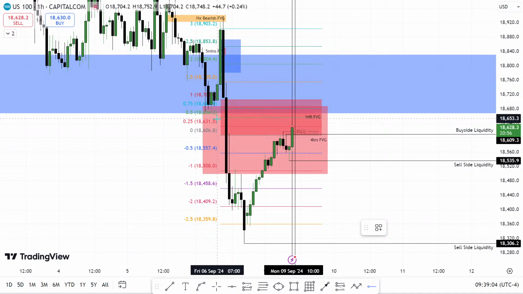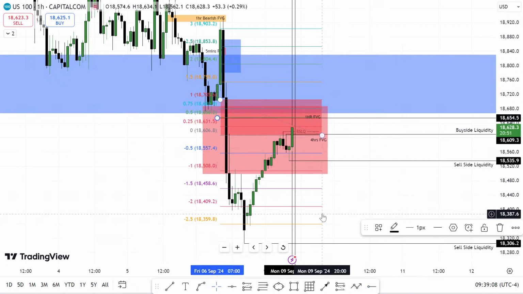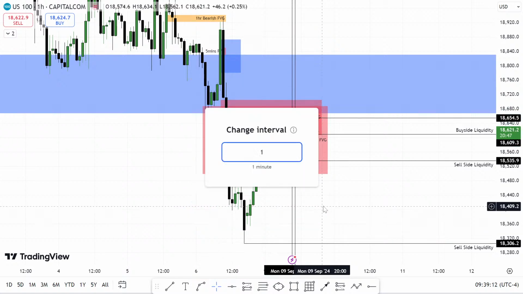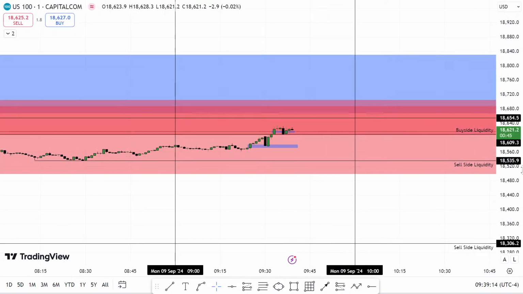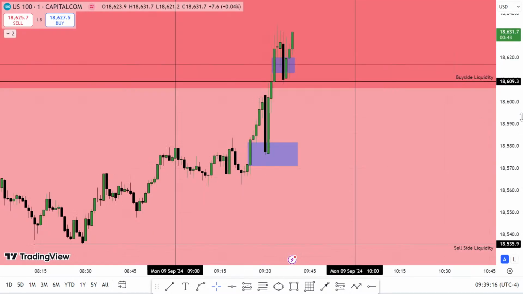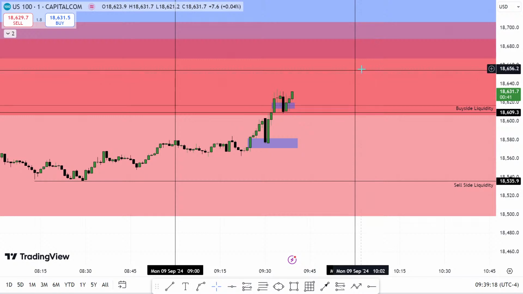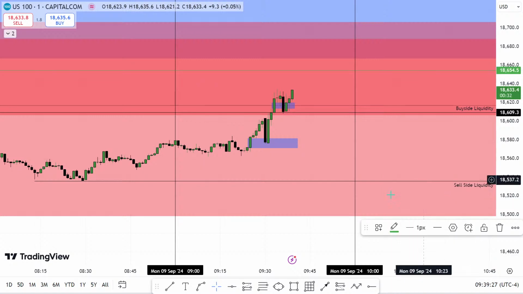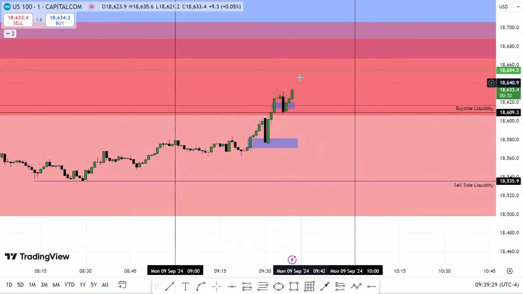So we want to see price trade to that midpoint now. I can delete this right now. So this is the midpoint of the fair value gap we just measured. I can change the color to blue because I want to see price trade to that. Let's change it to green. Green will be okay. So I want to see price trade to that now.